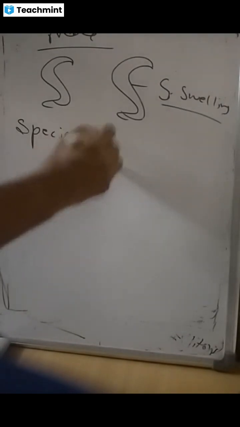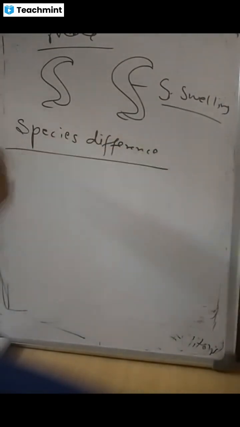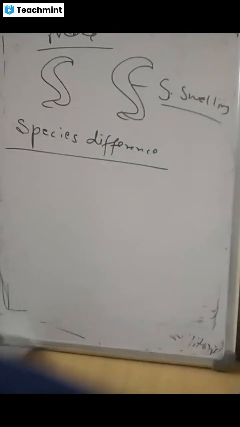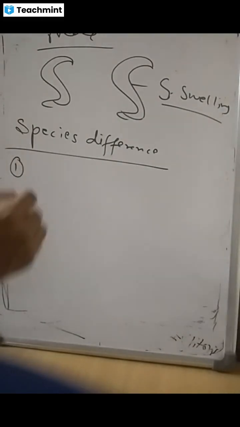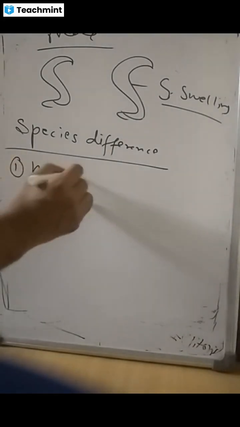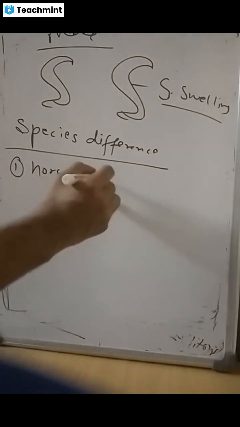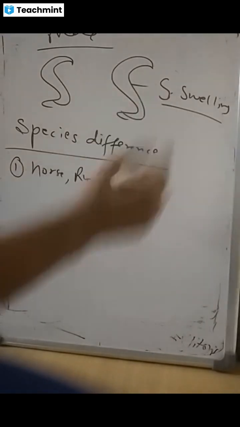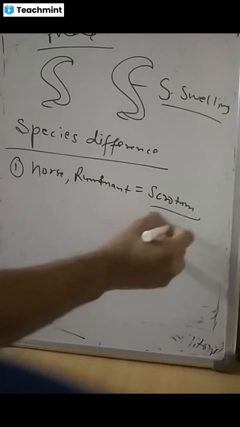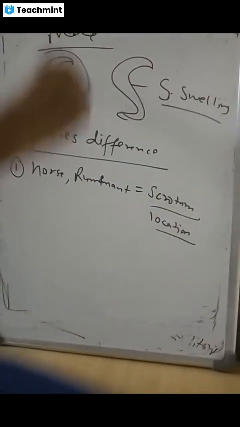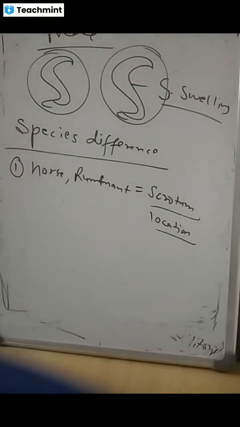Species differences: in case of horse and ruminant, where the scrotum is present, what is the scrotum location? That location is decided by these genital swellings.